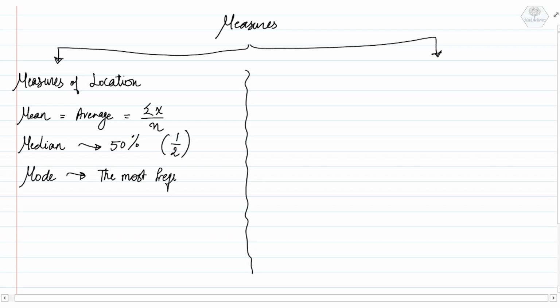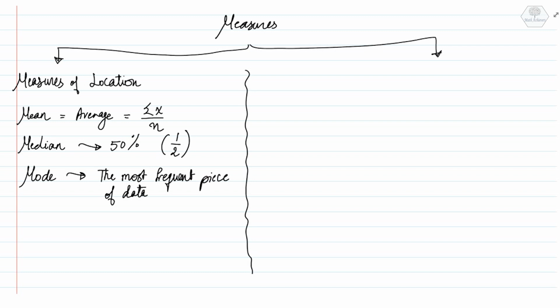The mode is the most frequent piece of data. The three of these, the mean, the median, and the mode, are considered measures of central tendency because they are hitting towards the center of the data.